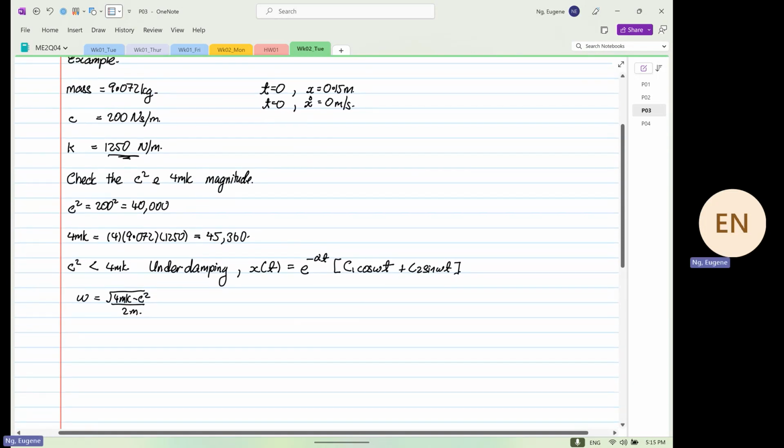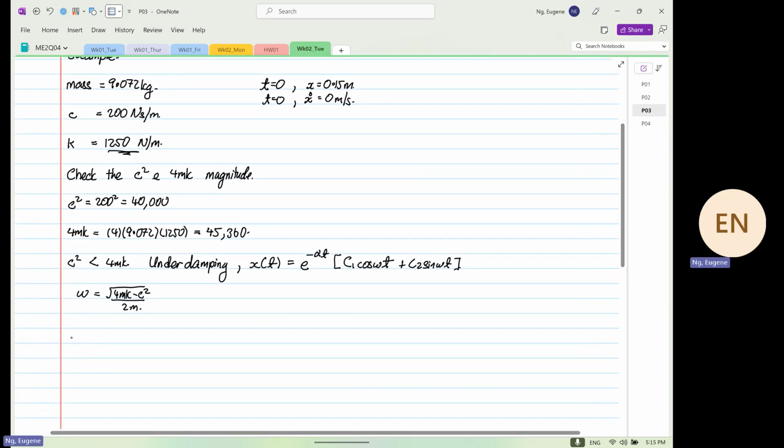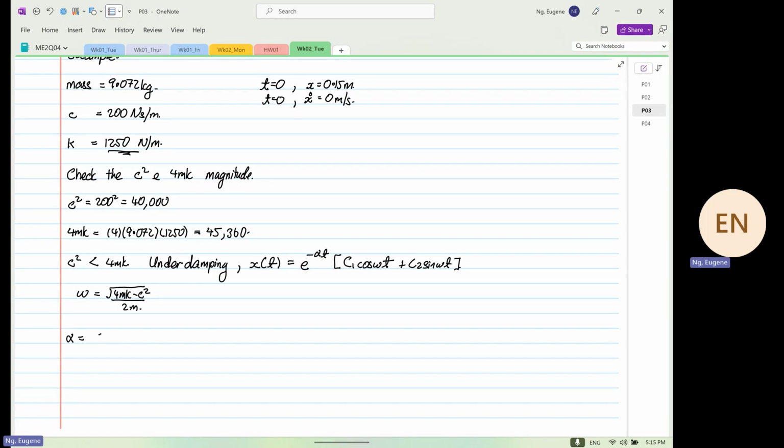So the first thing we are going to calculate is alpha. So alpha is equal to C over 2m. This will be equal to 200 divided by 2 times 9.072, which is 11.023. Right? And then we have to find our omega.